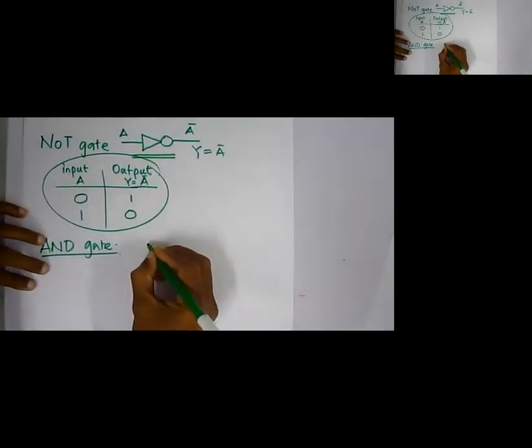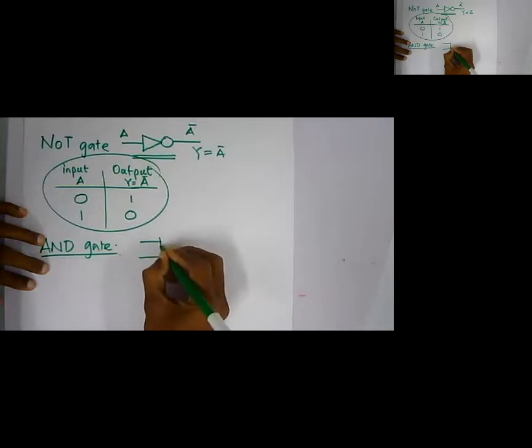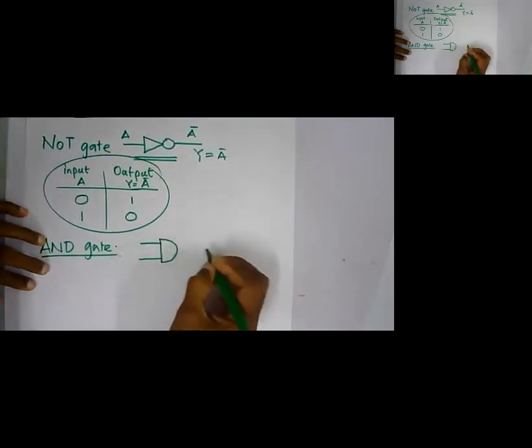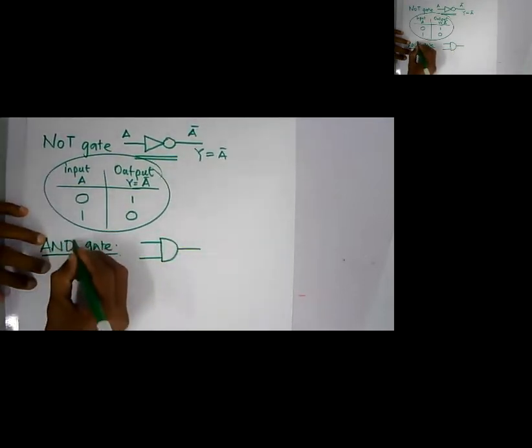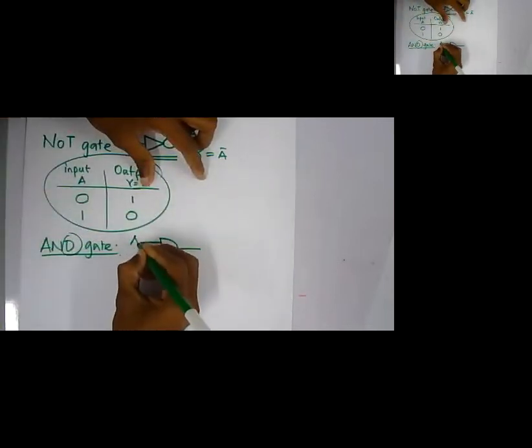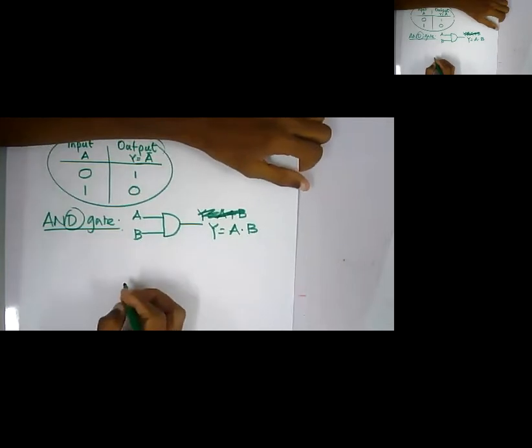I can draw the circuit diagram, which is AND in the shape of a D, with A and B as the two inputs. My output Y should be Y equals A and B, A dot B.